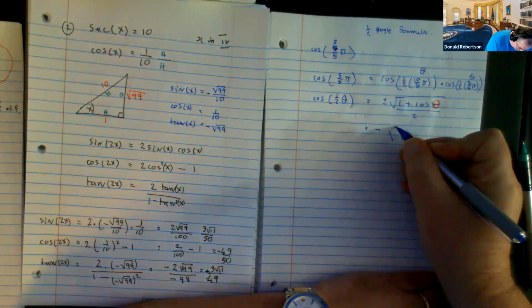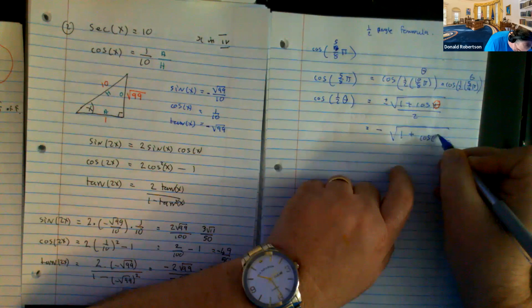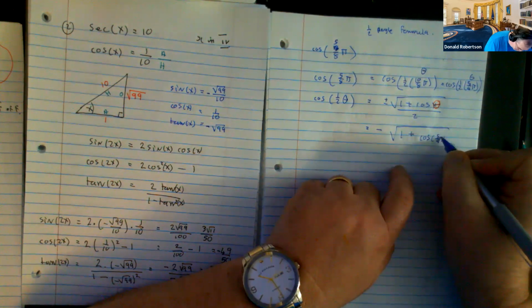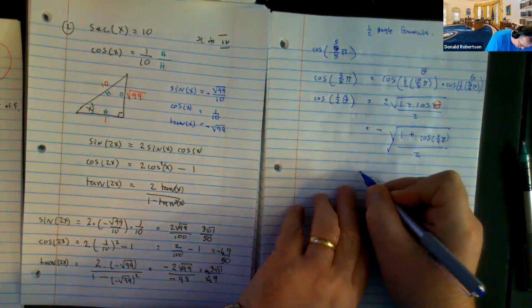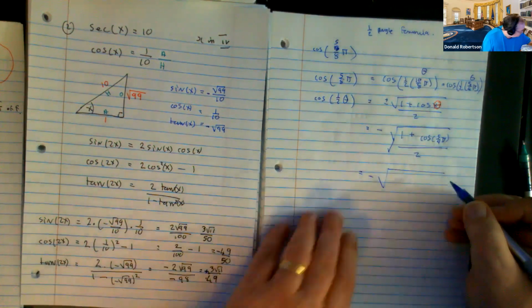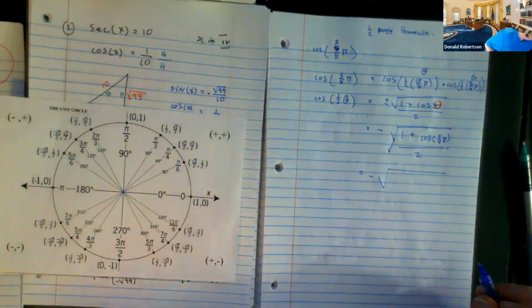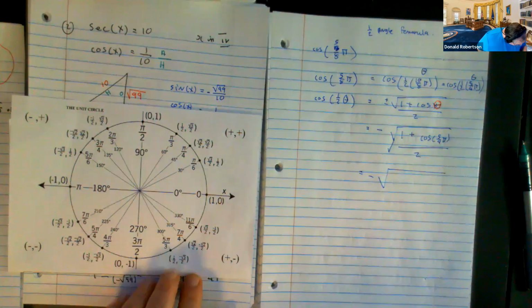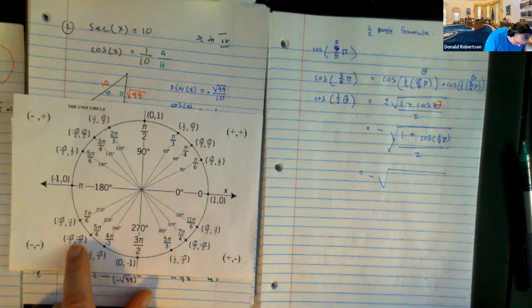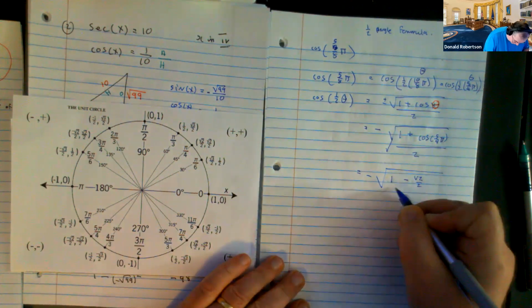And it's going to be 1 plus the cosine of 5/4 pi, all divided by 2. The cosine of 5/4 pi, I do have my unit circle handy, and 5/4 pi is way down here, isn't it? Yeah. And so it's negative root 2 over 2, and the whole thing's over 2.